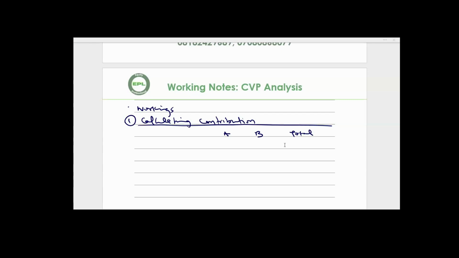For the total contribution, I can also say 16,240 plus 2,240, that will give me 18,480. Anyhow you want to do it, you are good to go.